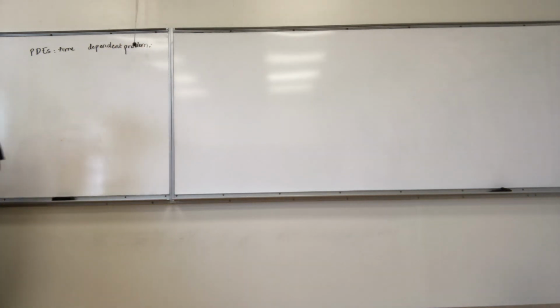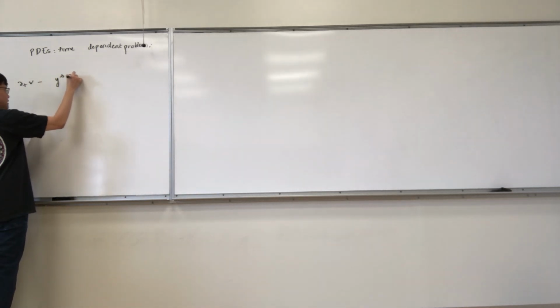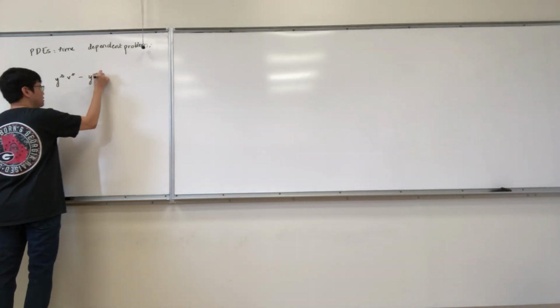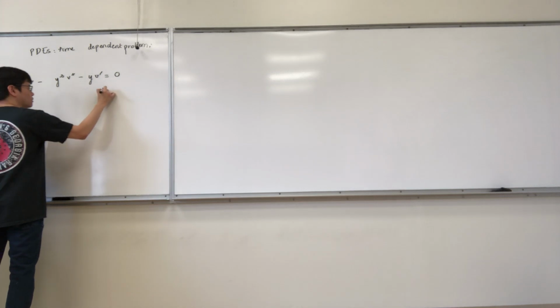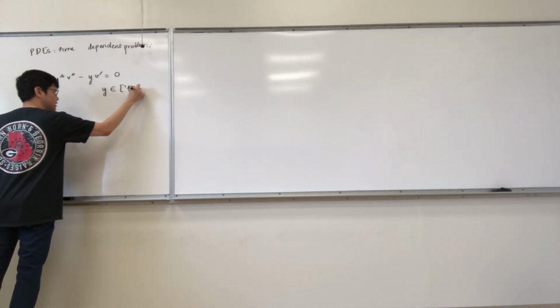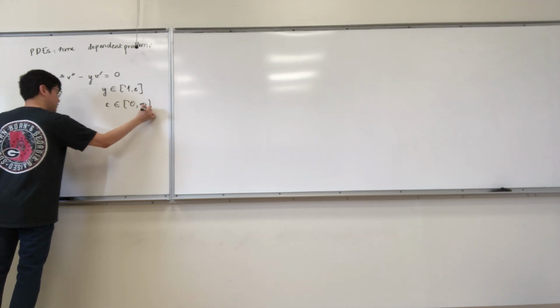All right. So let us try to solve the problem that we have in our exam. You have dt of v minus y squared v second minus y v prime is 0. In this case, y is from 1 to e, and t is from 0 to infinity.